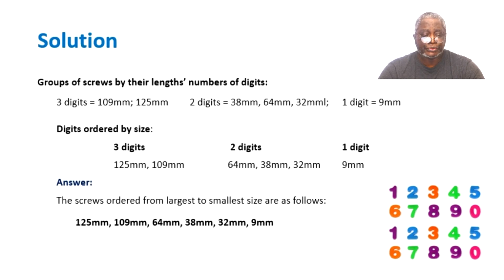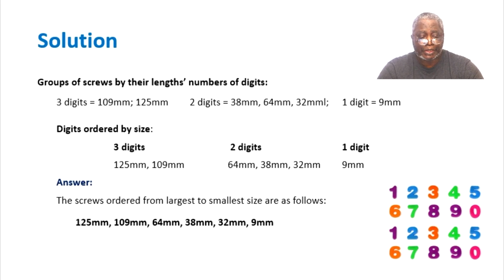The solution: groups of screws by their lengths, number of digits. The 3-digit lengths are 109 millimeters and 125 millimeters. The 2-digit numbers are 38 millimeters, 64 millimeters, and 32 millimeters. And then the 1-digit screw is 9 millimeters.